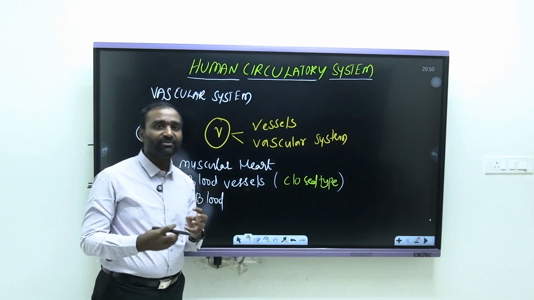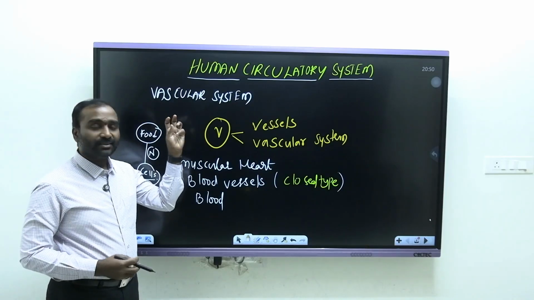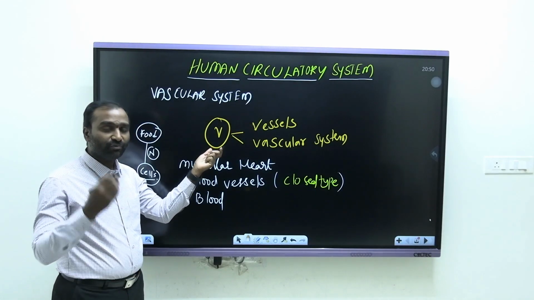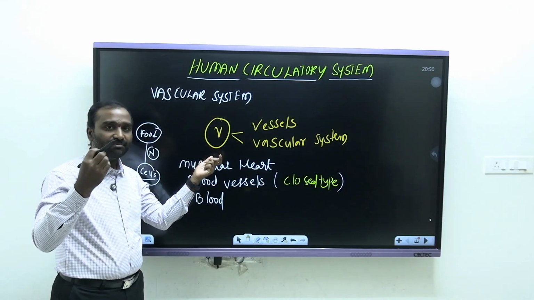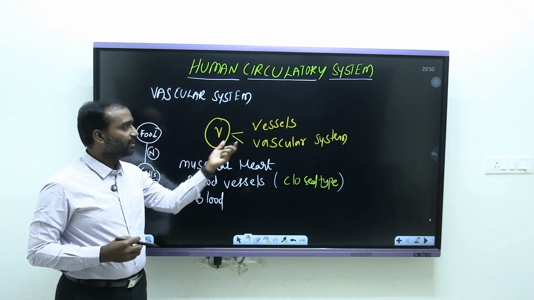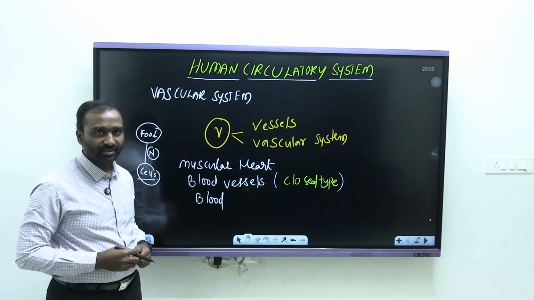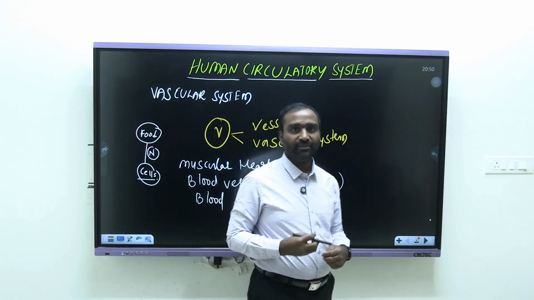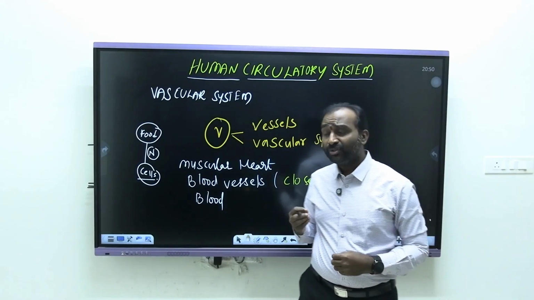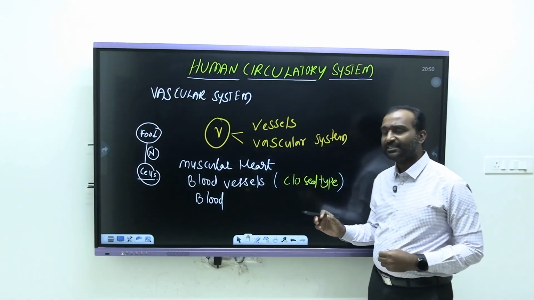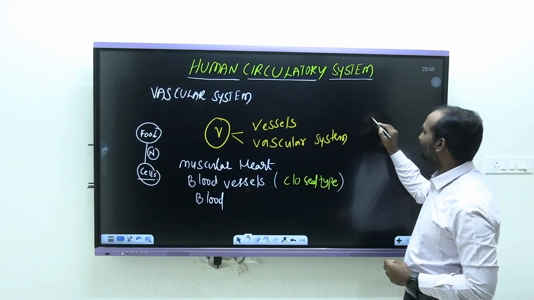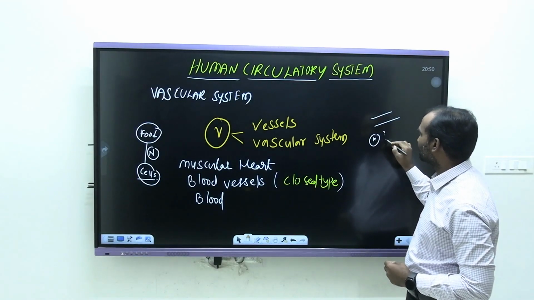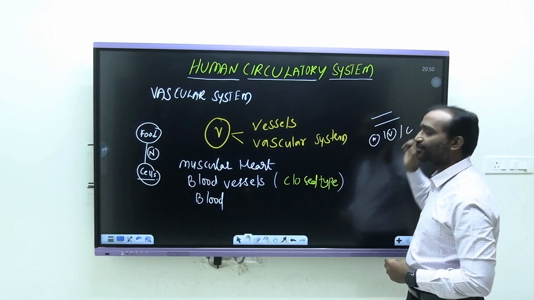Then why do we call it a vascular system? Here the term vessel, if you check, starts with the letter V. So we need to remember in a simple way, V for vessel, V for vascular system. The circulatory system plays a major role through the vessels, such as arteries, veins and capillaries.